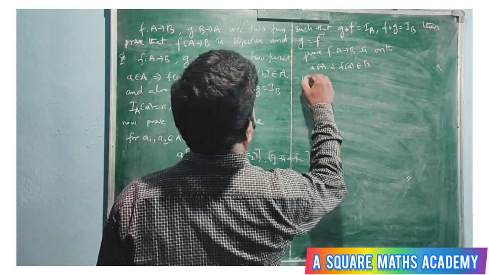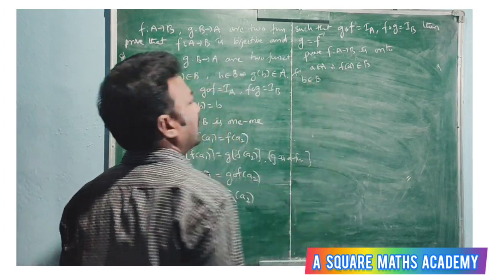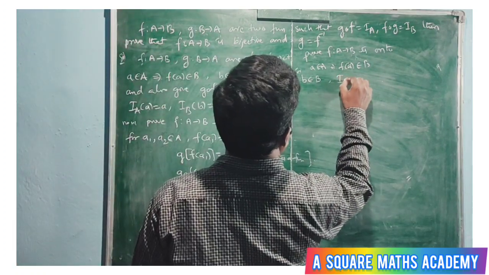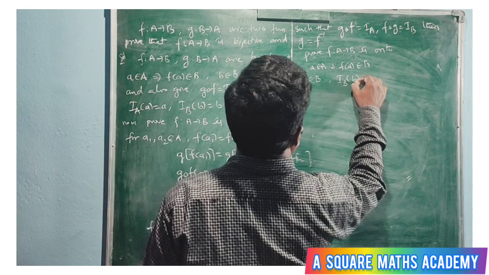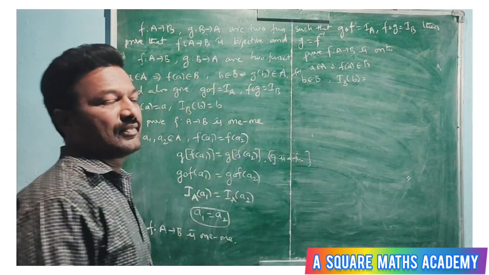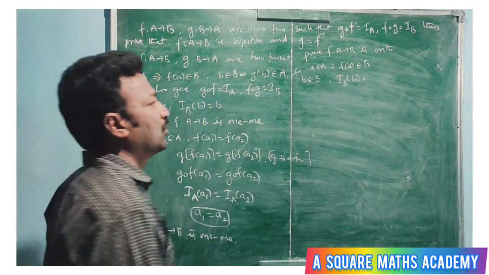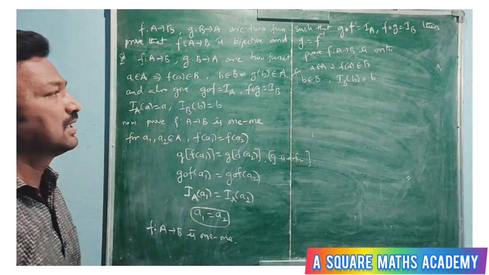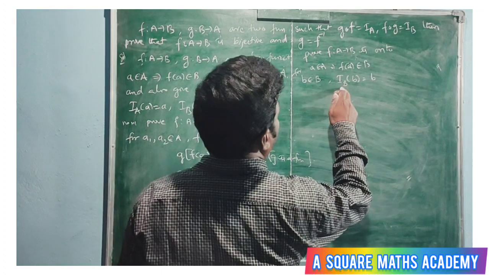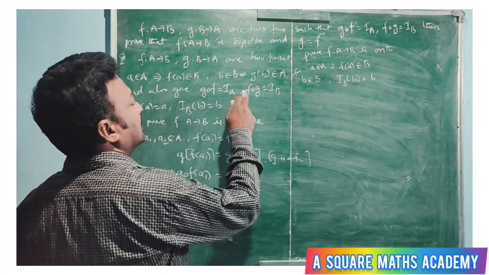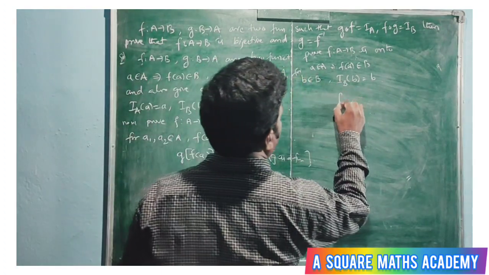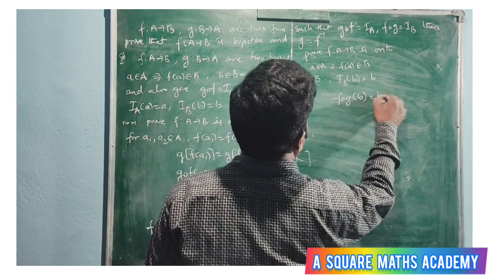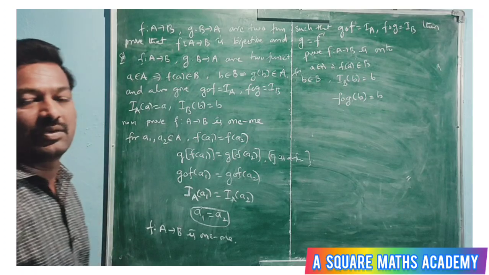So that's why we take, for b belongs to B, ib of b, we take ib of b equals b. Clear? ib of b becomes b. So what is ib? ib is nothing but f circle g. f circle g of b equals b.